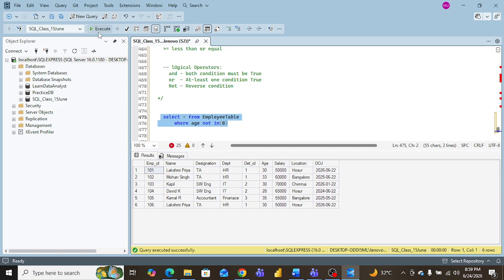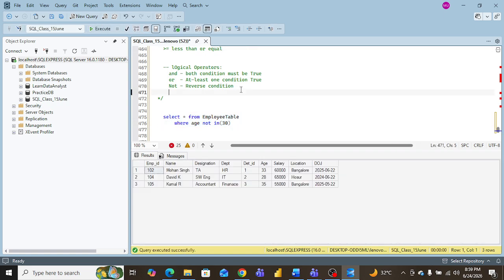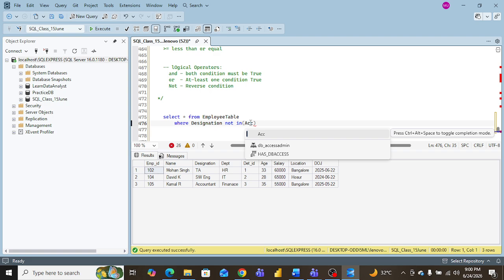Okay, we use NOT IN 30, who has the age of 30. Now I don't want to give this example, I want a different example. Okay, I want the accountant designation. That is correct. Designation NOT IN accountant.